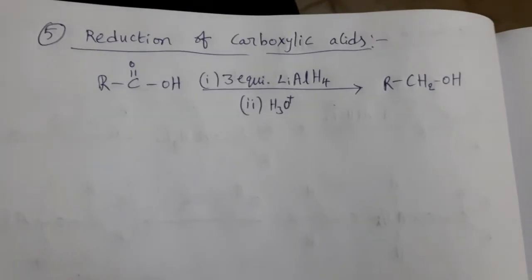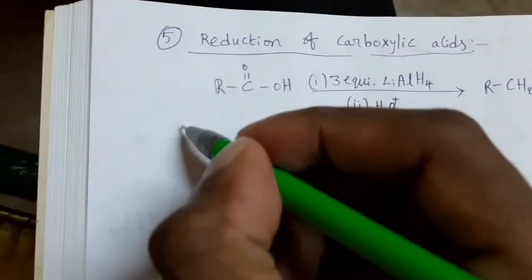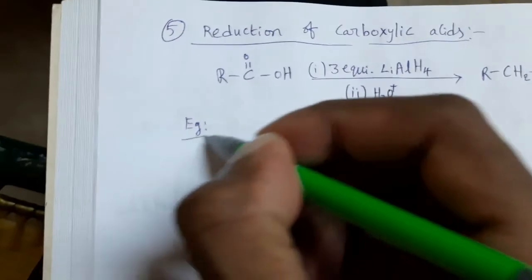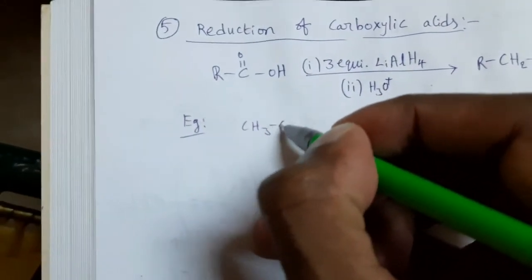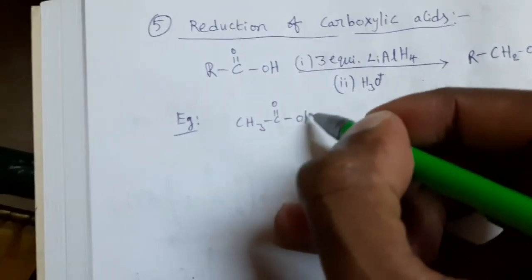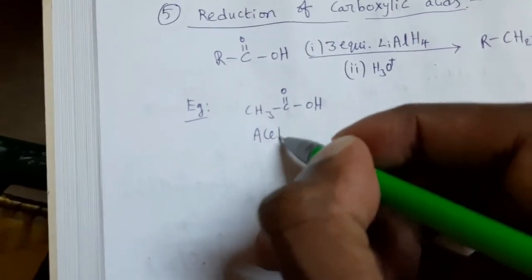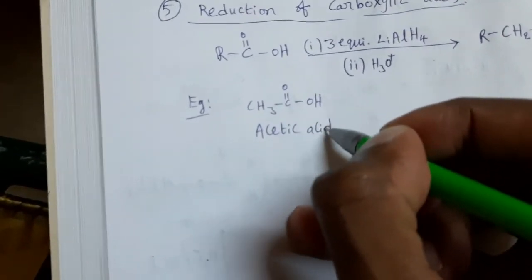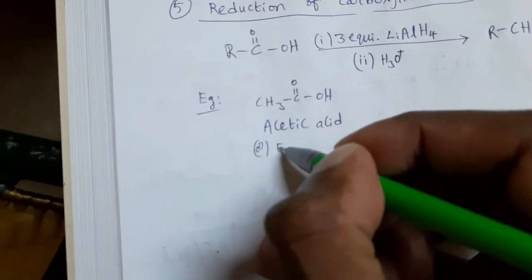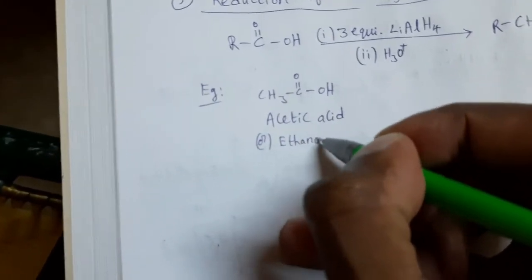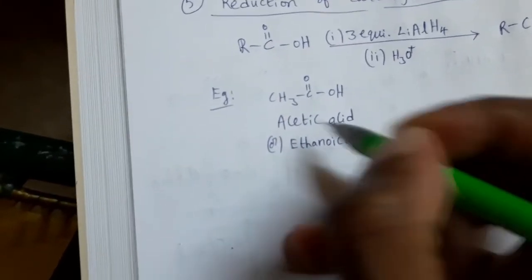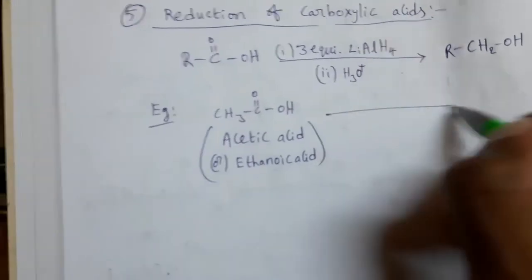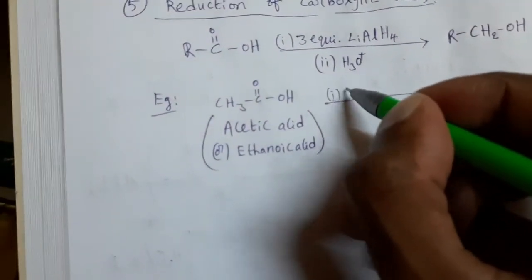See the example for this. Example: CH3COOH. What is the name? Acetic acid, or IUPAC name is ethanoic acid. This compound is reduced with 3 equivalents of LiAlH4.